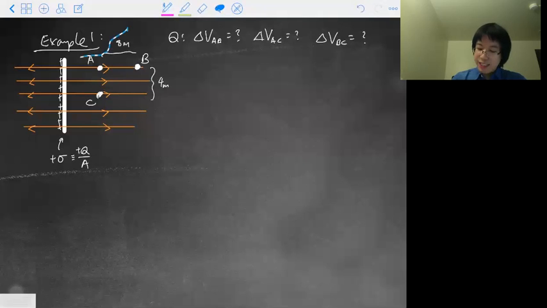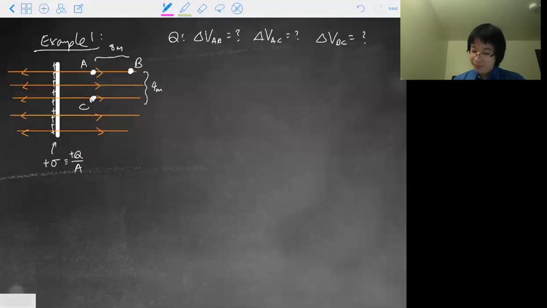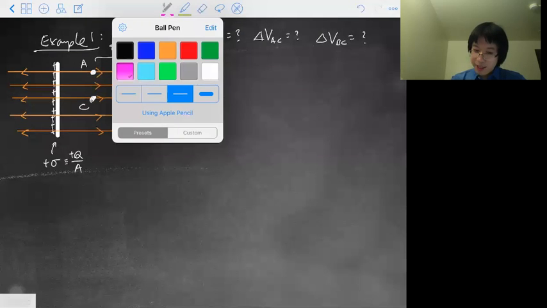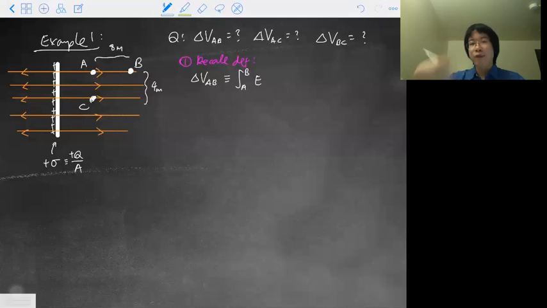So the first step you want to do is always start with a definition. Step 1, recall the definition. So the definition of delta V_AB, just write it out, is the integral from A to B of E dot dr. Well, technically F over q test, but F over q test is the electric field. This is the more practical version, especially if we know the electric field.